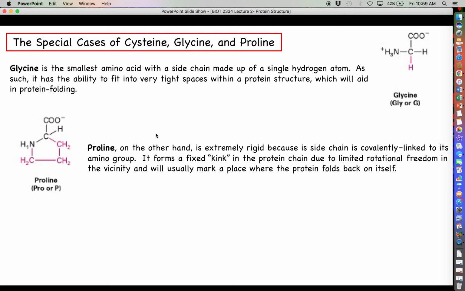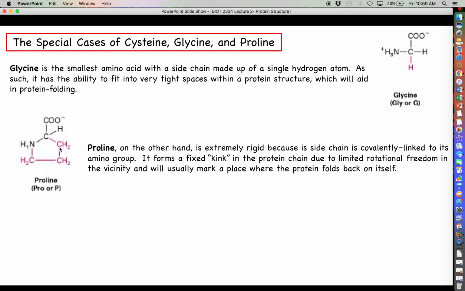But for proline, the side chain is actually connecting the alpha carbon to the alpha amino group here. So it's very interesting, and technically proline is not even really supposed to be called an amino acid. It would be called an imino acid, but that's splitting hairs. For our sake, we still consider it an amino acid.